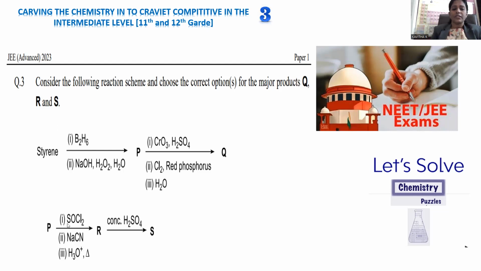Upon treating with these reactions, P will be converted into R. R will be treated with concentrated sulfuric acid, the dehydrating agent. The final product will be the dehydrated one. So these many reactions are there. We have to identify what will be Q, R, and S.